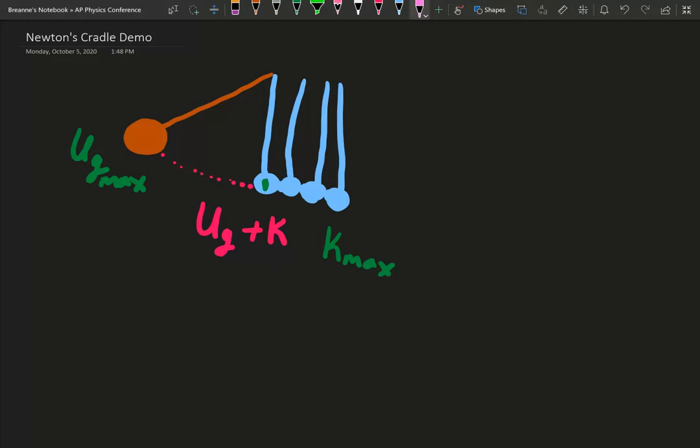So far, all these are equal to each other. It's an even transfer. Max gravitational starts turning from gravitational into kinetic, and we have max kinetic.